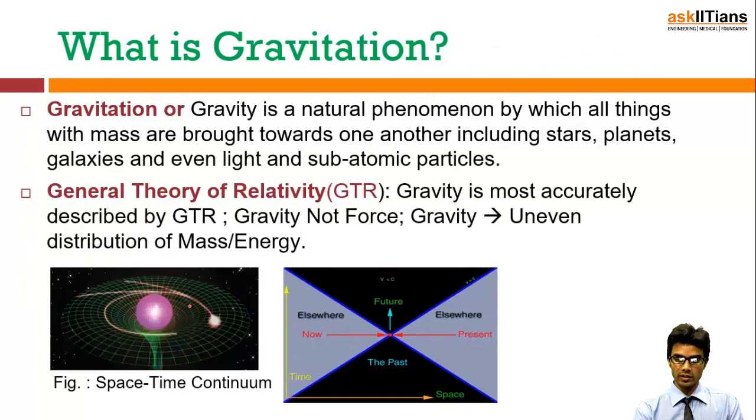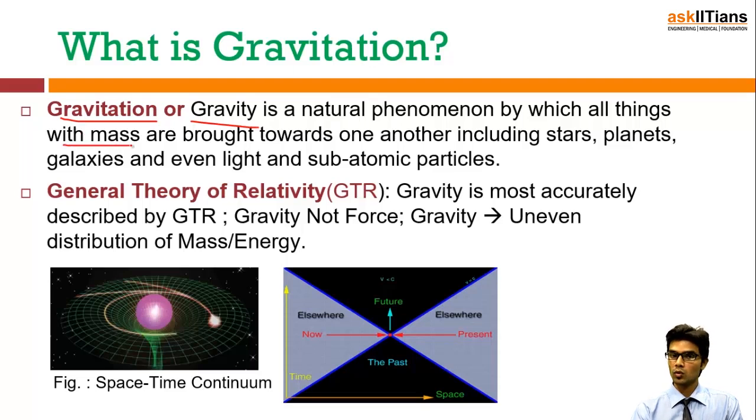So next one, what is gravitation? Gravitation or gravity is a natural phenomenon by which all things with mass are brought towards one another, including stars, planets, galaxies and even light and subatomic particles. So gravity is a natural phenomenon which occurs only with things that have mass.